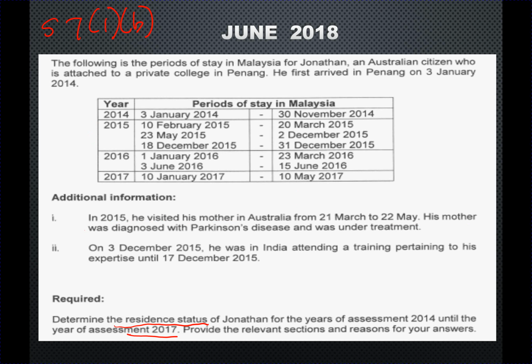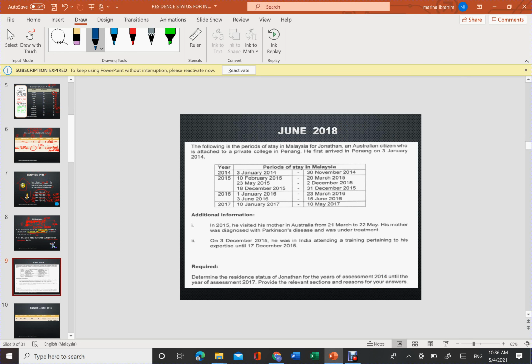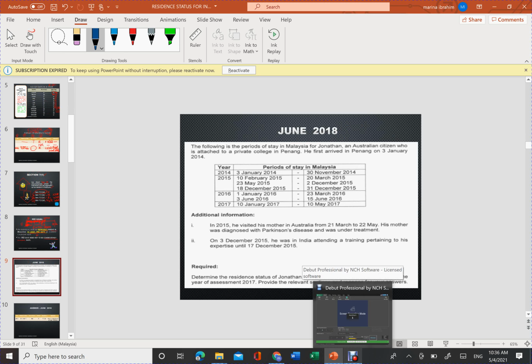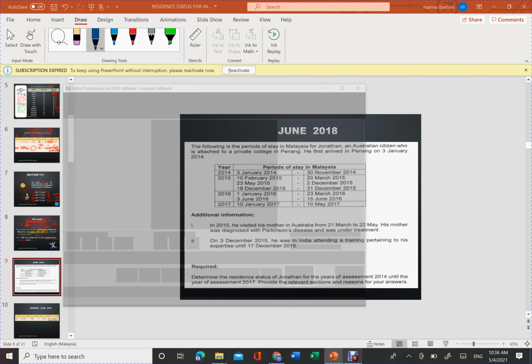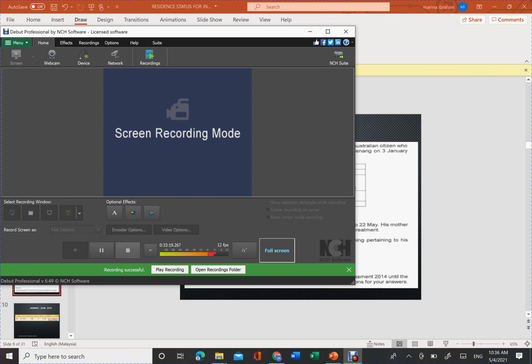So the first video here saya cuma explain pasal section 71A. Under section 71A, that individual must be in Malaysia at least 182 hari and it can be dalam single period ataupun multiple period. Okay, so nanti saya akan kasih saya punya second video which is about section 71B.